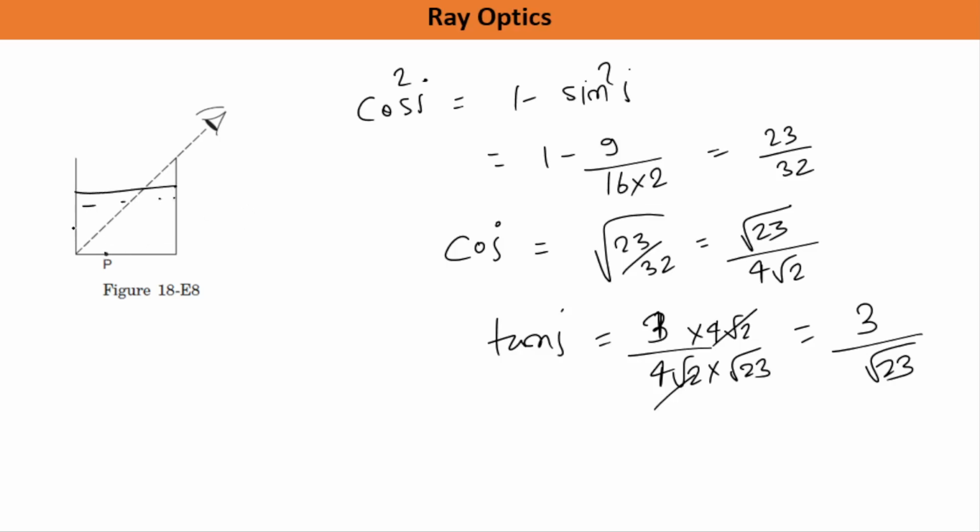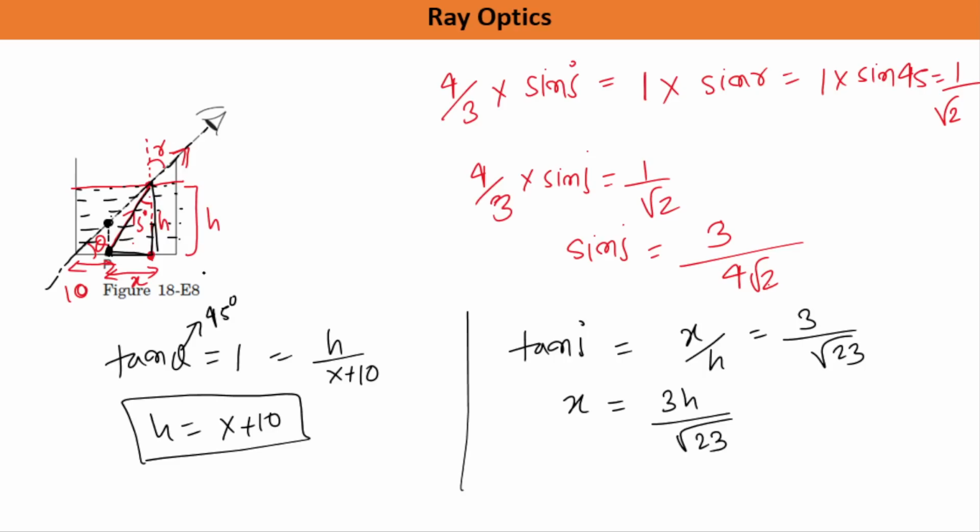Because here the particle, due to filling with water, should rise to a certain height, and it should rise in such a way that the image lies on this line. But here we cannot apply the concept of real height and apparent height, because light coming from particle P is getting refracted at an angle of 45 degrees in order to reach the eye, and 45 degrees is a huge angle.